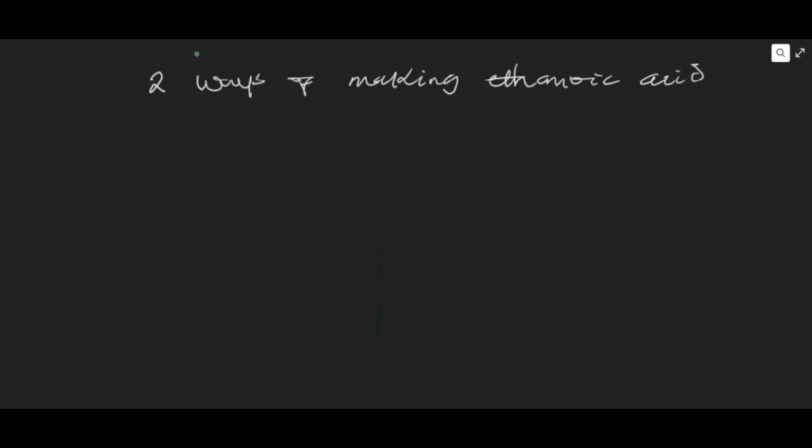Our starting material is ethanol, which undergoes oxidation. How do we show that the reaction is oxidation? We just put O in square brackets on top of our arrow, showing that this is an oxidation process, and then the product is ethanoic acid. Remember, ethanoic acid will have 2 carbon atoms, and one of the carbon atoms will carry the functional group.